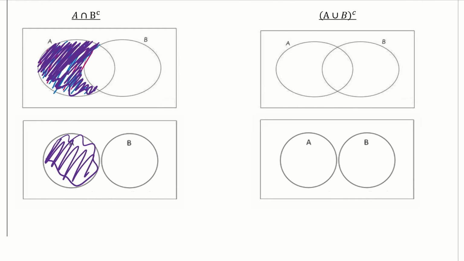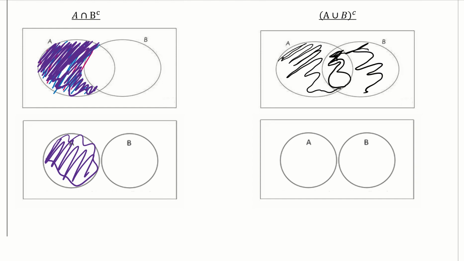All right, and then here you have the complement of A union B. So first off, you need to do A union B. So A union B is A or B or both, right?